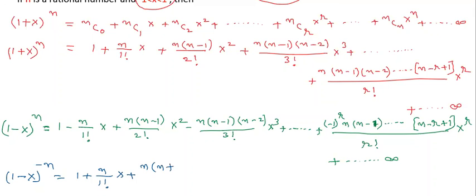So we get 1 plus n by 1 factorial into x plus n into n plus 1 by 2 factorial into x square. I am not writing the third term because we already know what the third term is, and so on.